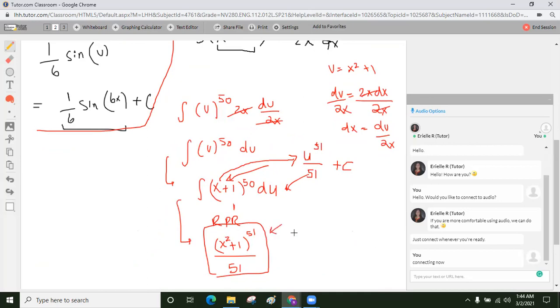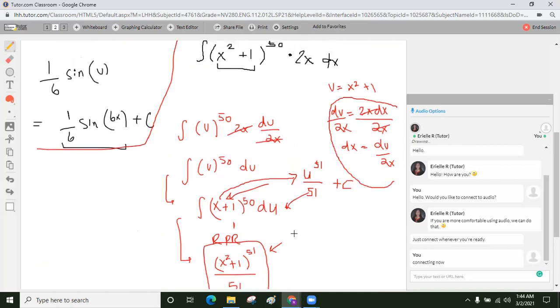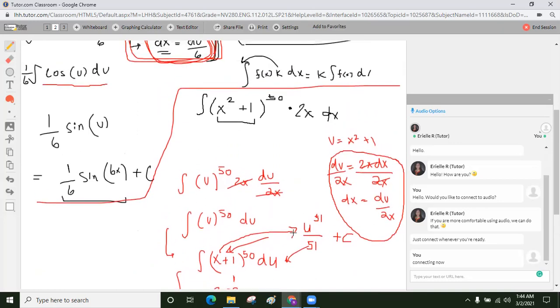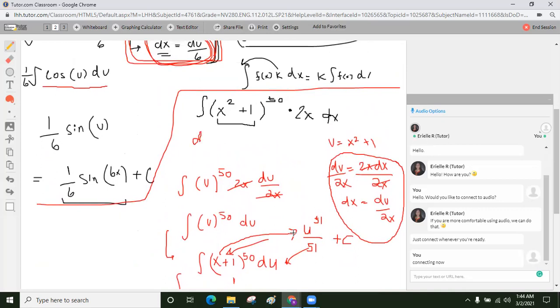Okay. Sure. Okay. Absolutely. So I also like what you did with this part right here, right? Since as you can see, you already have du is equal to 2x dx right here. Right. So at this point, this part is already present in your function right here.